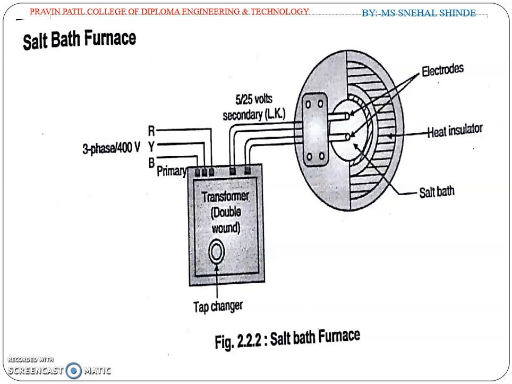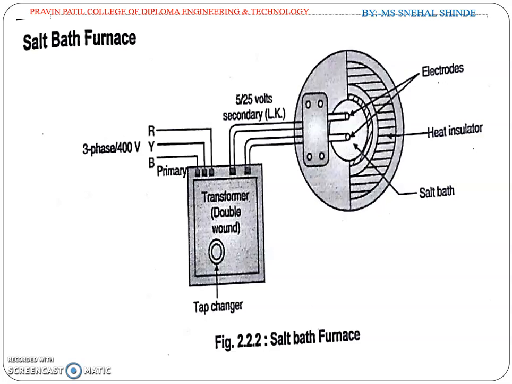There is circulation of the salt after it is heated up. This can provide uniform heating for the charge. So the figure shows the electrode type salt bath furnace.